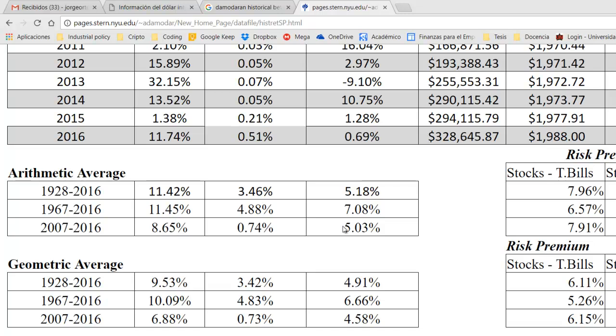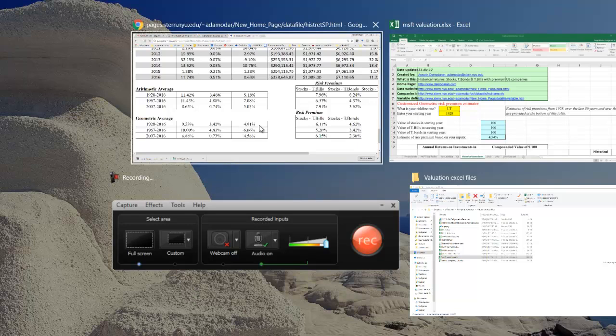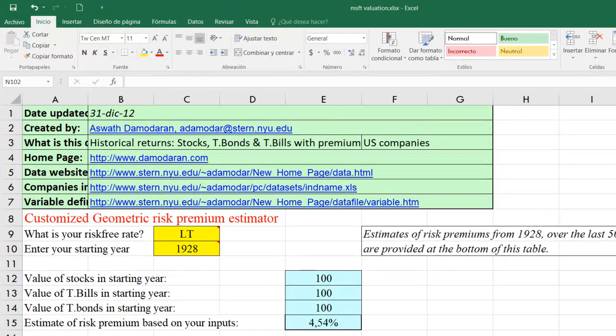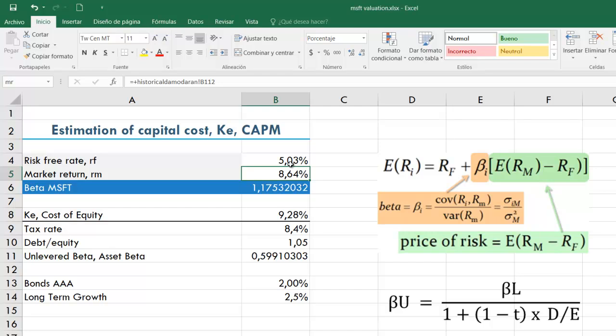And again, the treasury bonds for 10-year maturities returns are 5.03%, and those are the numbers we have in our estimations up here.